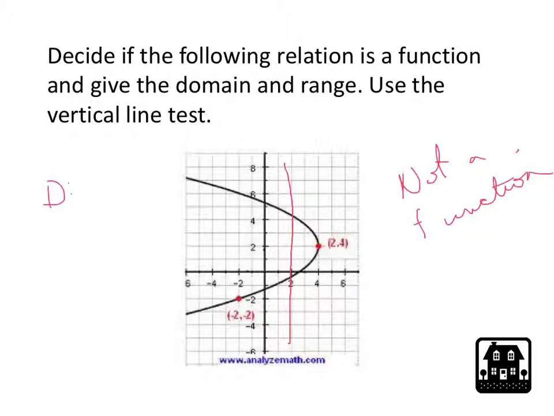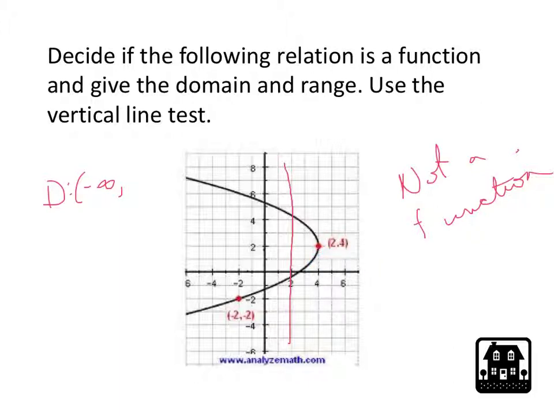Where does x go? Well, x can go to negative infinity, right? Because we see that the graph is going to extend. And so x will show up all the way over here. So it's going to go from negative infinity. And then on the right, it's not going to go past x equals... Boy, that's the wrong point.